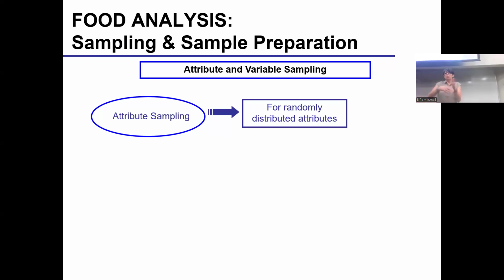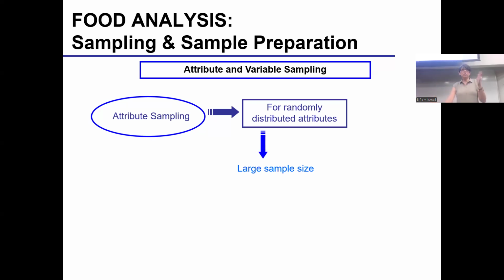But when something is random and can be present anywhere, in that case you really have to take a large sample size, meaning very many samples from different locations, because there is a high risk, for example aflatoxin or Clostridium botulinum.